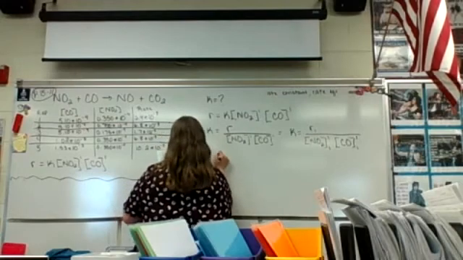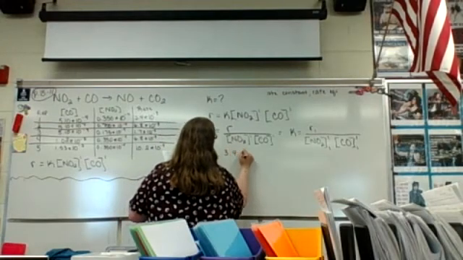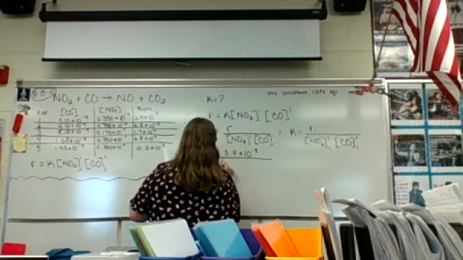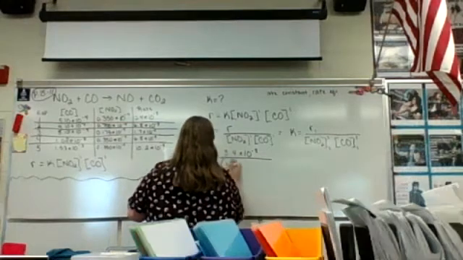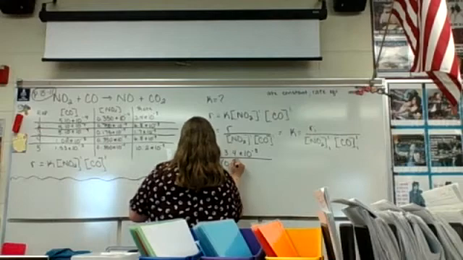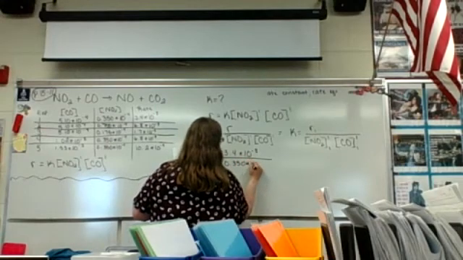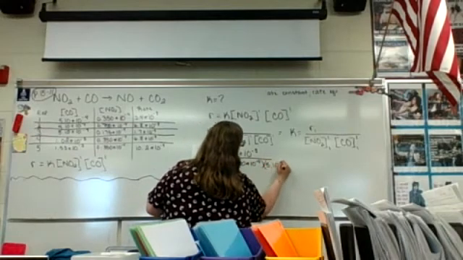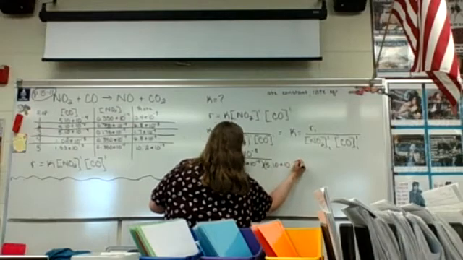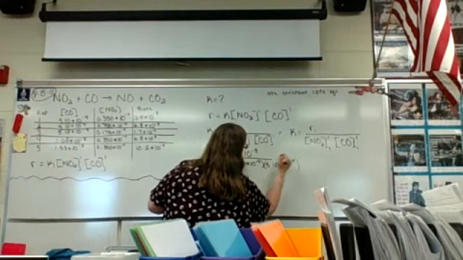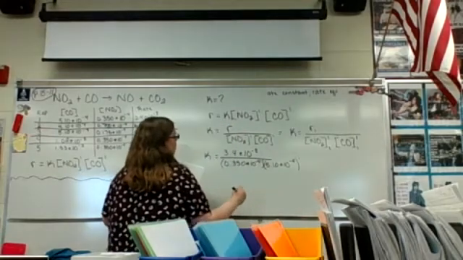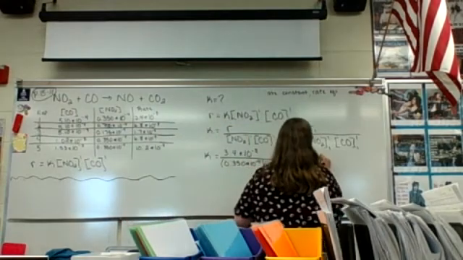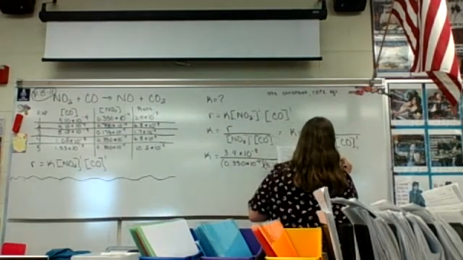Therefore, K is going to equal 3.4 times 10 to the negative 8 over 0.350 times 10 to the negative 4th times 5.10 times 10 to the negative 1st, and both to the 1st power, but that's not going to change anything. So K, when you work that out into your calculator, is 1.9.